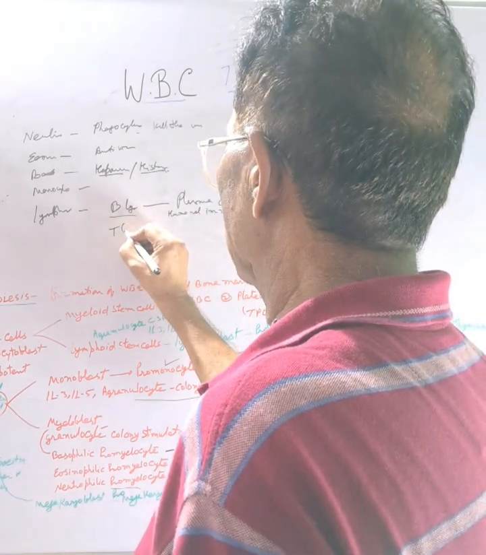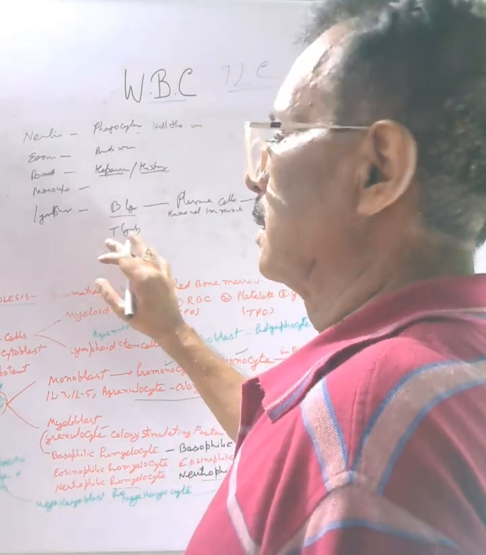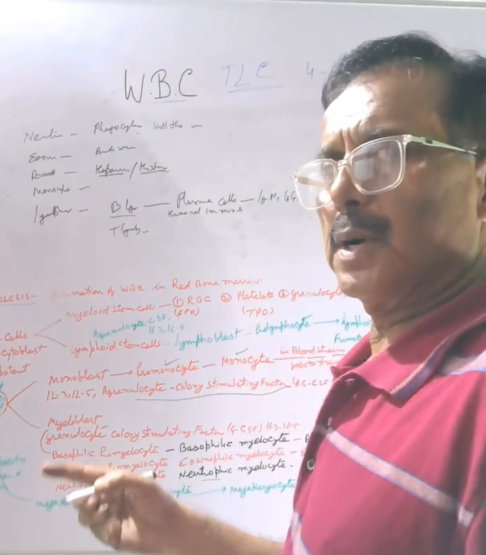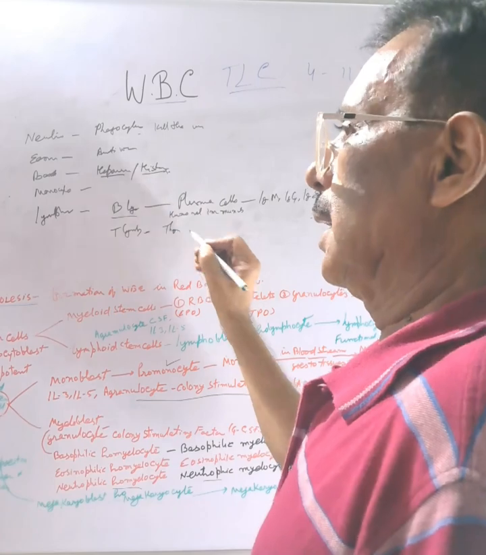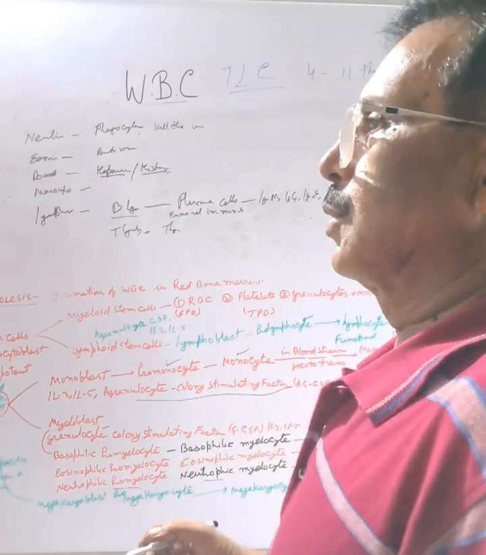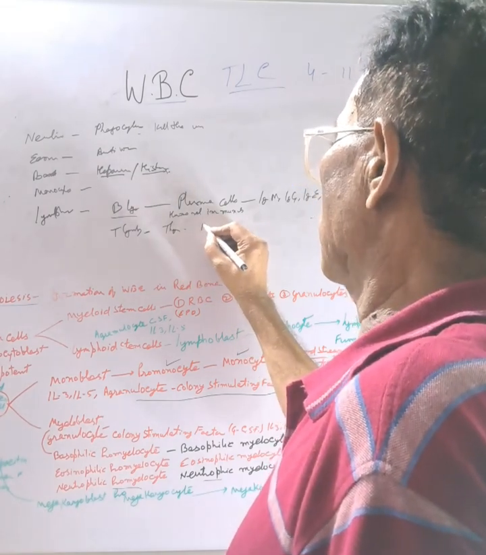And then T lymphocytes, thymus dependent. After formation, T lymphocytes go into the thymus, and there they mature, and there are different types of T lymphocytes.